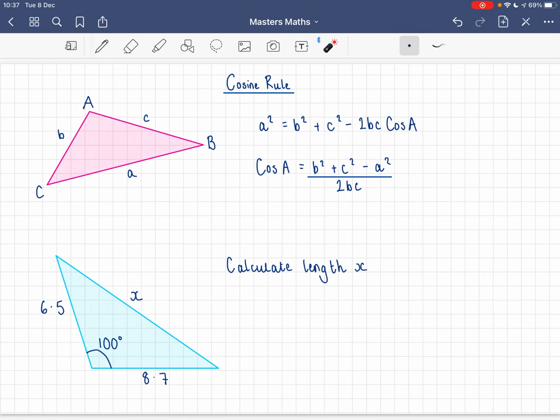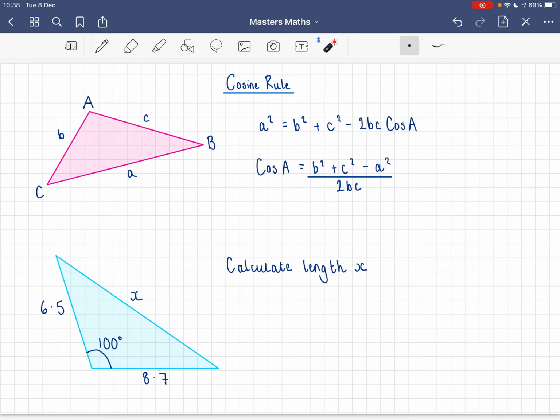That is entirely up to you. It's a personal preference. I tend to just remember this one, if I'm honest, and then rearrange it to get the second one. But yeah, that's because my memory's not great. It's easier for me to remember one formula and rearrange it than it is to remember two. But that's entirely a personal preference.